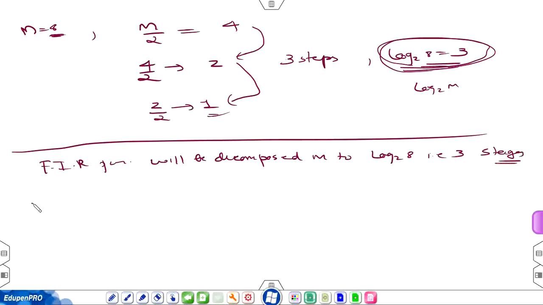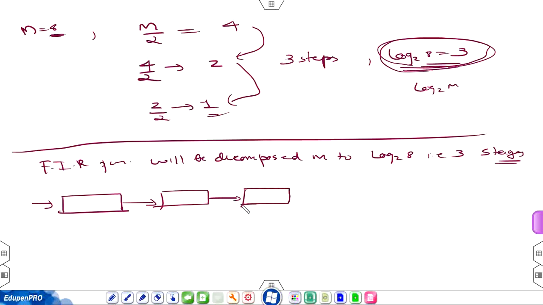Okay, stage number 1, this is the first stage, this is the second stage, and this is the third stage. Okay, so I am drawing it on the next page.